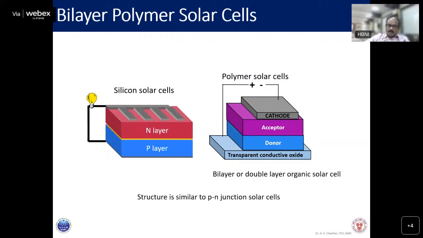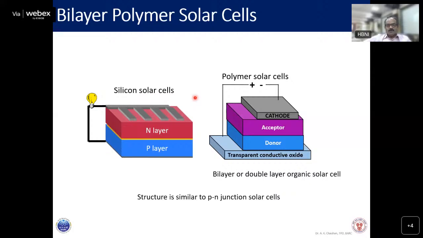As we saw in the case of a silicon photovoltaic or silicon solar cell, N type and P type were joined together or fused together, and then electrodes, ohmic contacts, were made to make a solar cell.